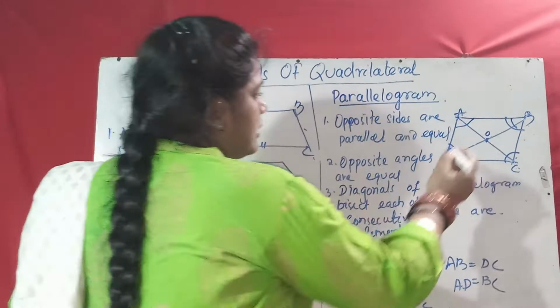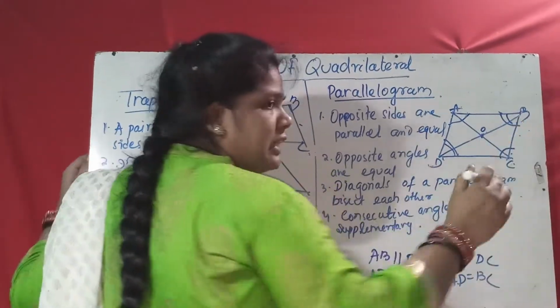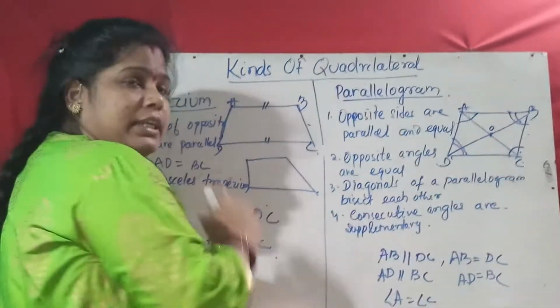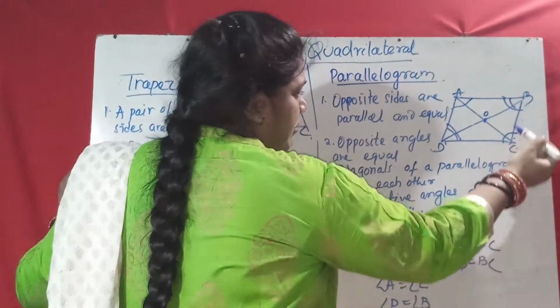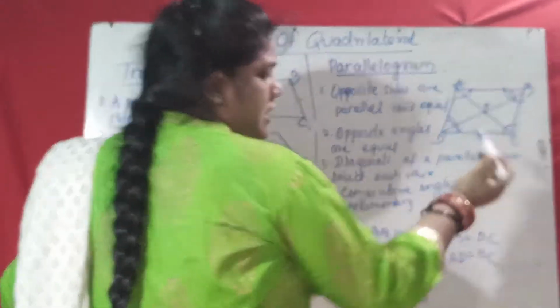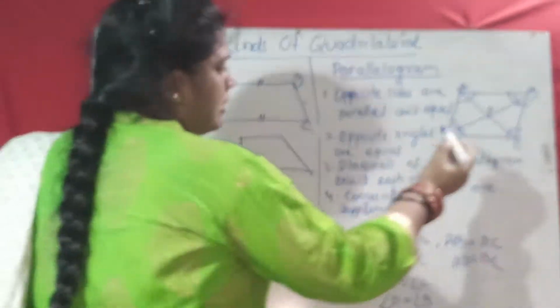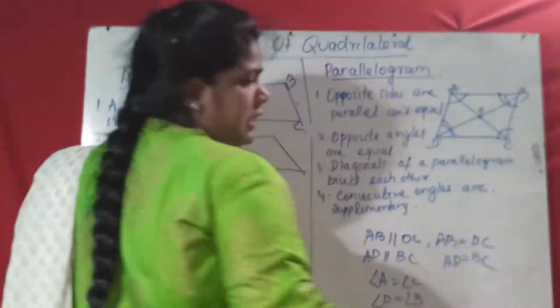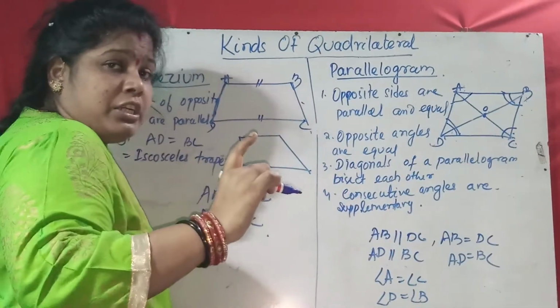So when you add A with B in a parallelogram, you get 180 degrees. B with C, 180 degrees. C with D, 180 degrees. D with A, 180 degrees.